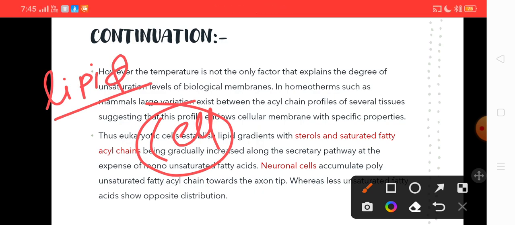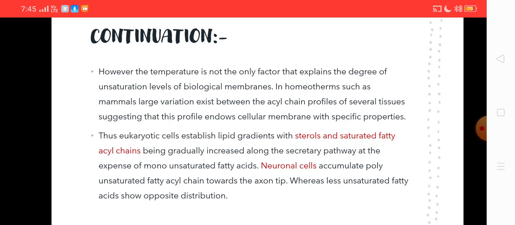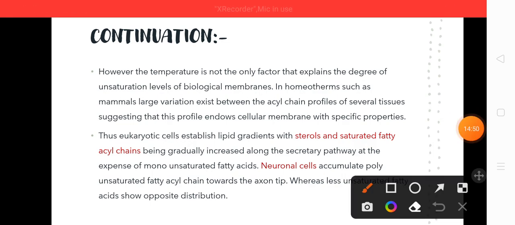If the cell is in a poikilothermic organism, obviously the composition of the cell membrane differs depending upon where it is present, right? So the cell membrane as well as membrane lipid is not a static thing, it is dynamic, and it changes with the environment. That is the main motto of this video, to understand.